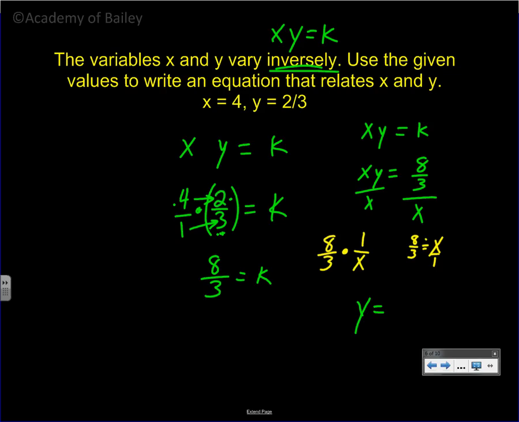You multiply by the reciprocal. You can work this out straight across. 8 over 3x. And so therefore y is equal to 8 over 3x.